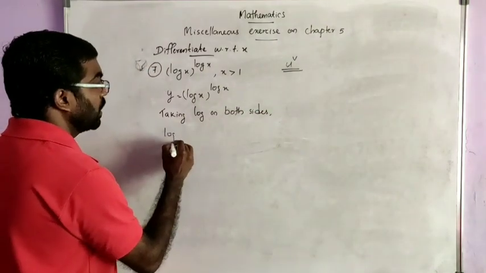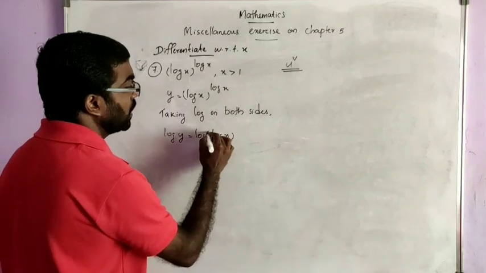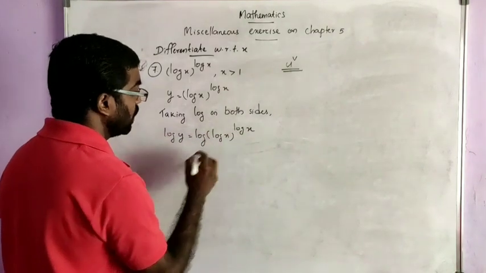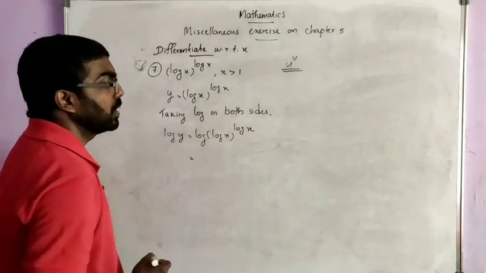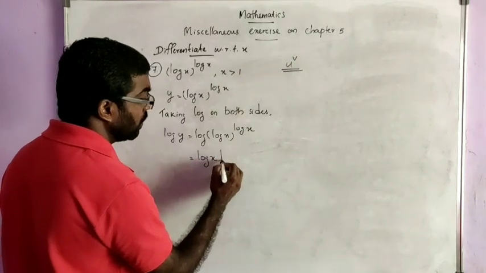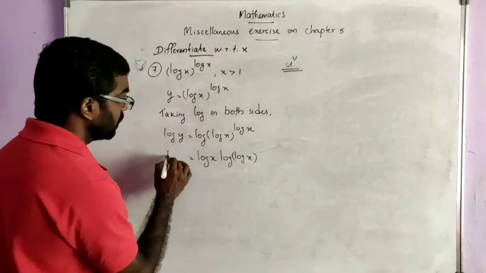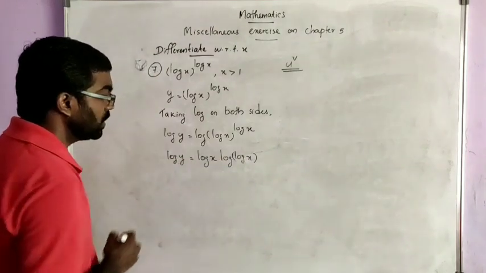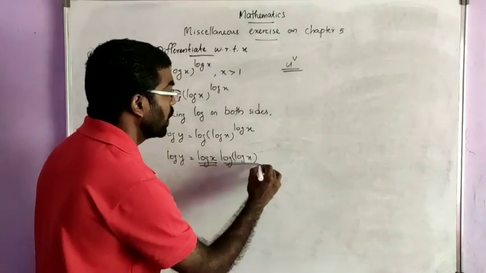So log y is equal to log x raised to log x. We can apply the logarithmic formula: log a raised to b is equal to b log a. So it becomes log x into log x. That is, we got log y is equal to log x into log x.